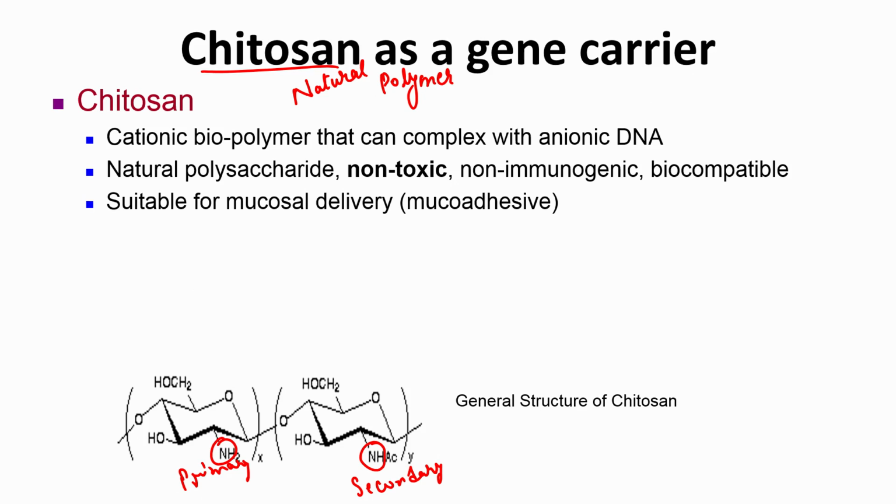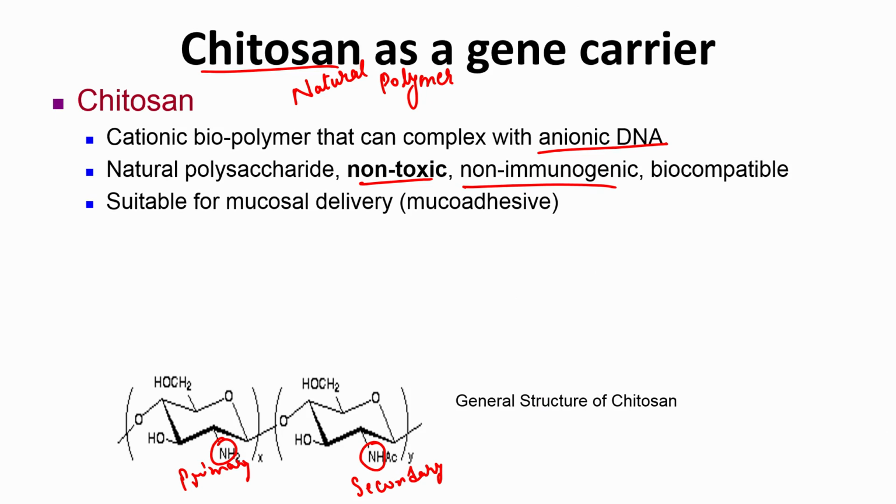So, they can still complex with the anionic DNA, but they are not as charged as your PEI is. So, this is not as toxic, it is also a natural molecule. So, it is fairly compatible, and it is also non immunogenic, it does not really generate immune response in the body. So, one of the other properties of chitosan is also mucoadhesive.